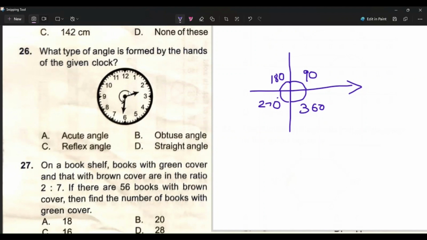So it is more than 180 but less than 360. So the answer will be reflex angle.